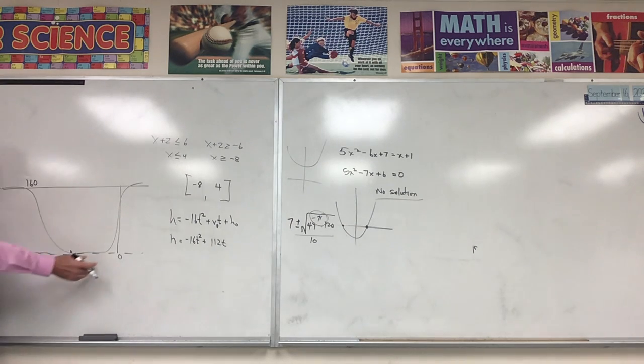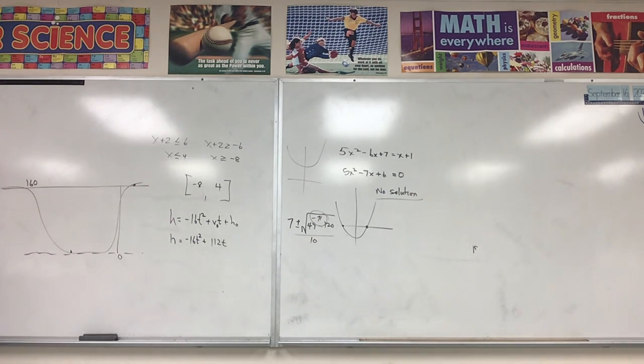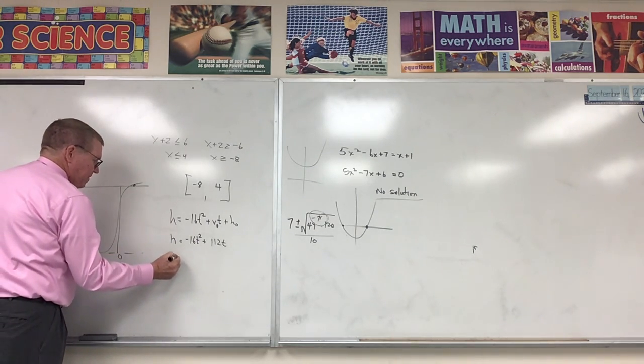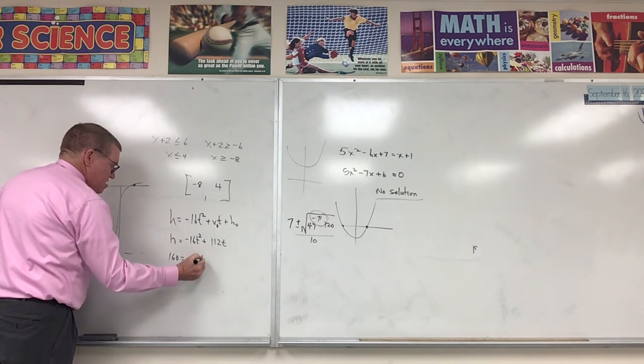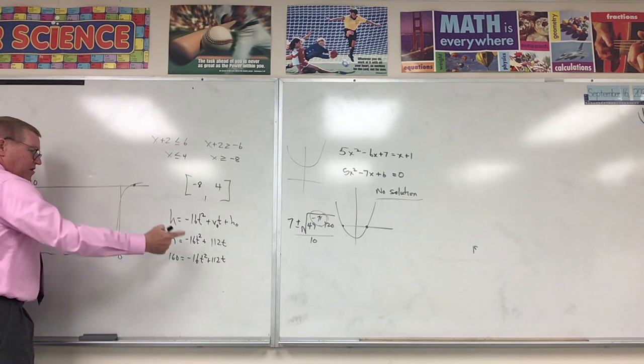I always like to have my reference point where I fire the flare from, which makes it a little bit easier. But if you want your reference point up here, then this would be 0 and this would be negative 160. It's totally up to you what you want to do. So that means 160 here. Bring everything to one side.